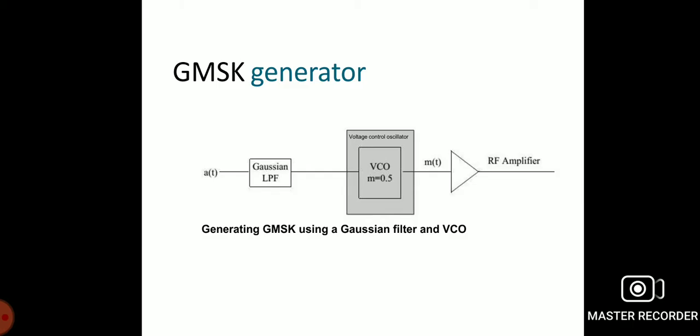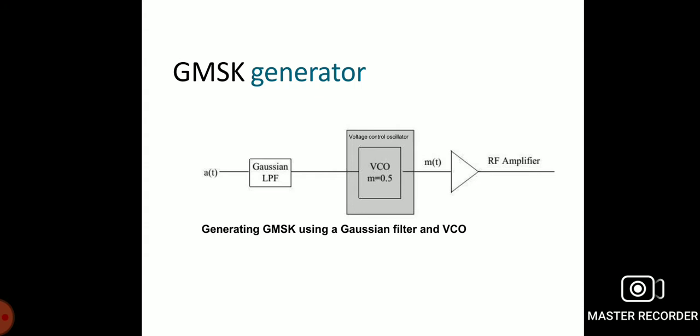The output of this unit is given to the RF amplifier, from which the GMSK signal output is extracted and then transmitted.